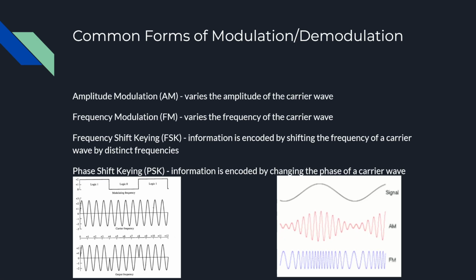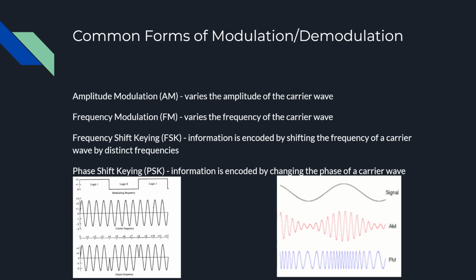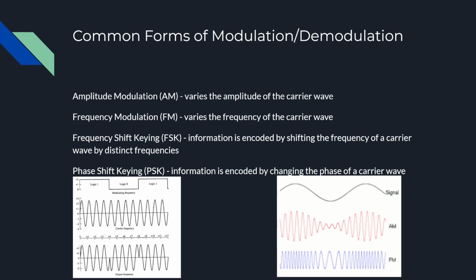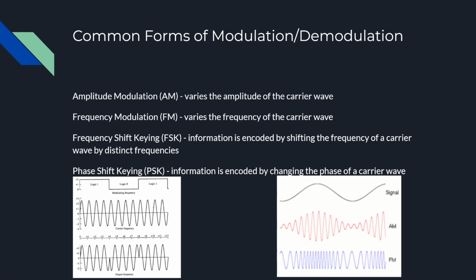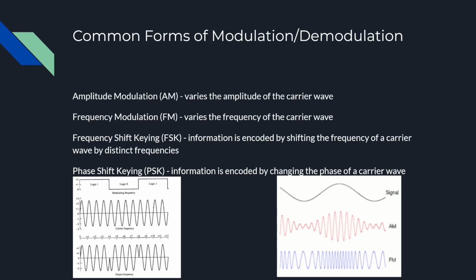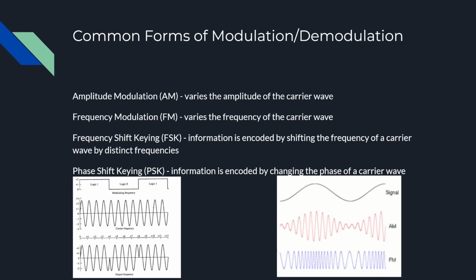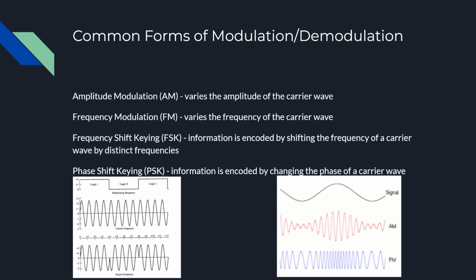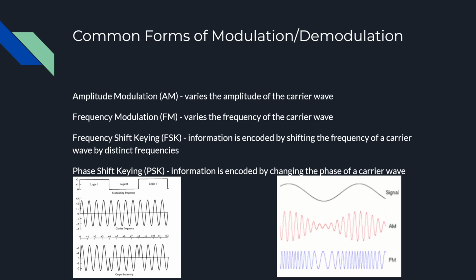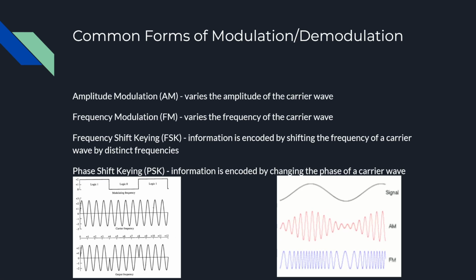So phase shift keying is a little bit more complex. There is this whole modulating frequency, and as long as it's continuing perfectly fine in this phase, that is denoted as, let's say, a 0 the whole time.